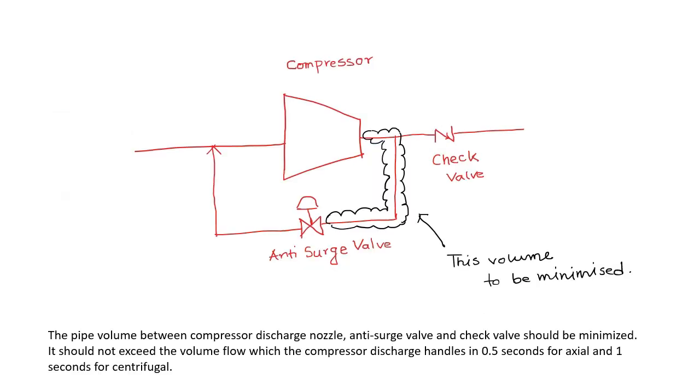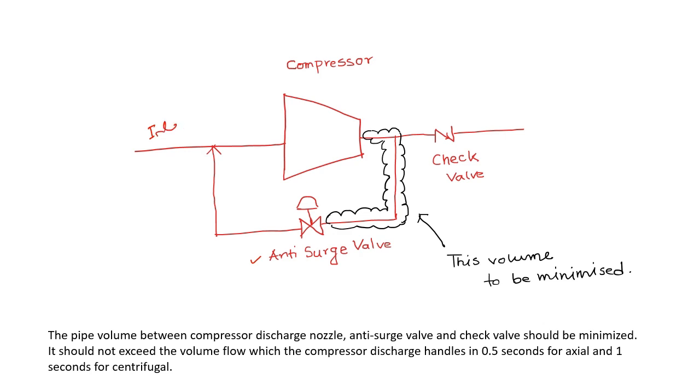Now, another thing that API 670 points out related to the control system is the location of the anti-surge valve. As you can see, the anti-surge valve is located in the discharge of the compressor and recycles the flow back to the inlet.